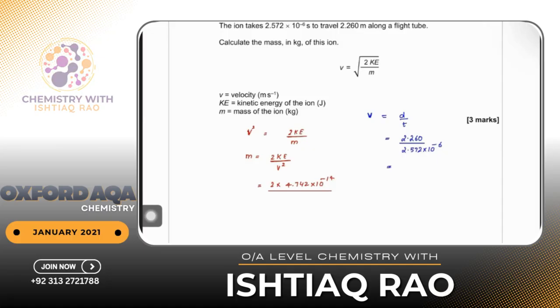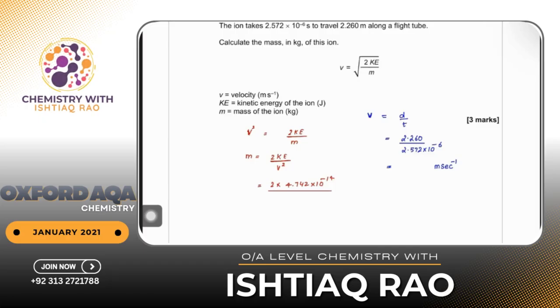So what's the answer in meters per second? Okay, right. I'll just solve it all together and get the final answer. 2.260 divided by 2.572 times 10 to the power of negative 6, and I'll square that.